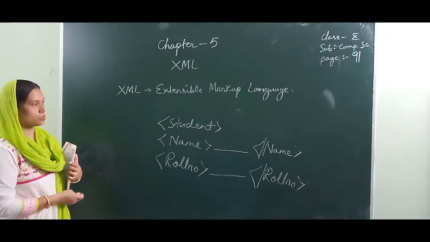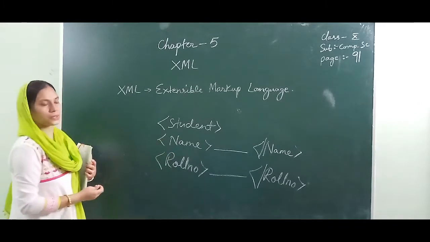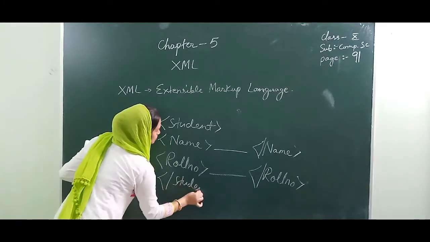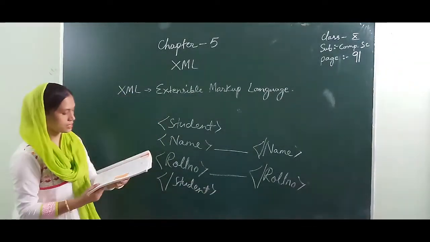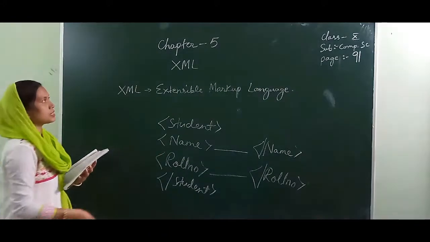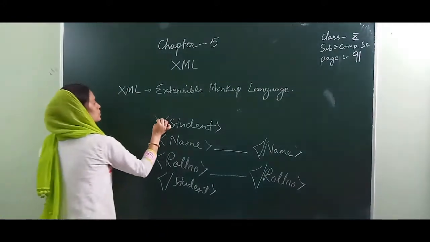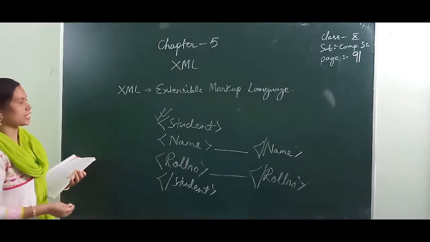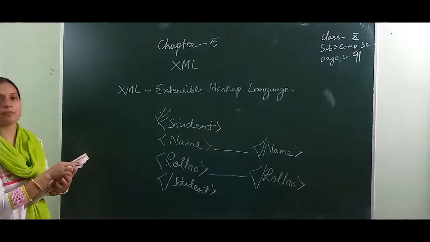So this is also self-defined. Just after the completion of the sub tags, we will close the main student tag. Here, by seeing this structure, we can say that the XML structure is just like a tree structure. Here, student is the parent tag or the root tag, and name and roll number are the child tags, or we can say the sub tags.